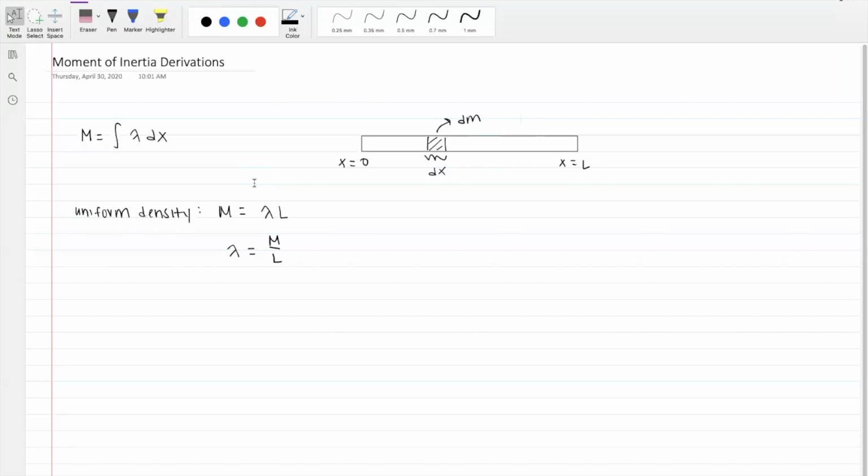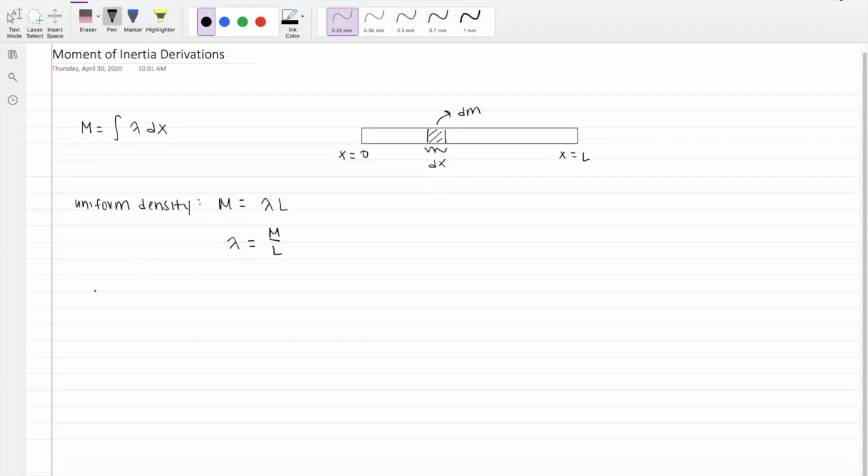So we can write it as such: dm is constant for every dx from 0 to L. That means your mass is independent of position.